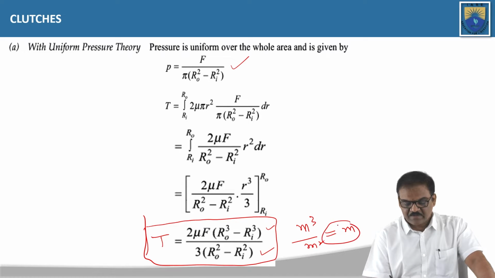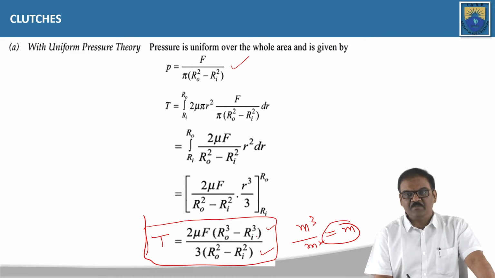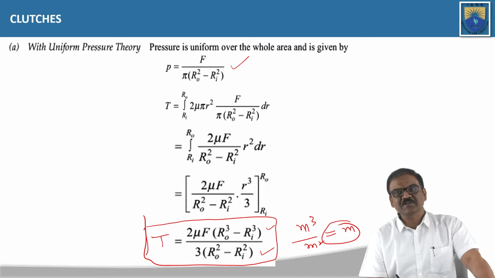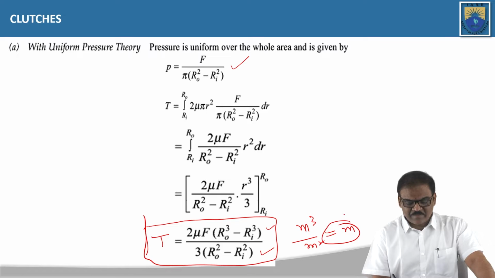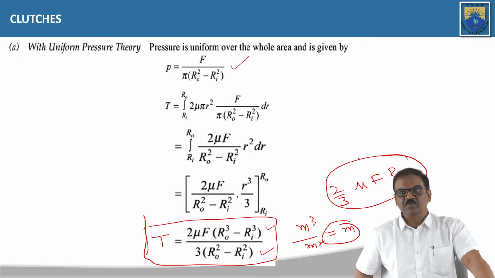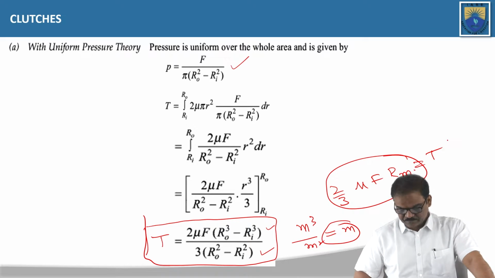Sometimes in the tutorials, instead of giving the internal diameter or outer diameter of the clutch, some questions will give the mean diameter. Therefore, this can be reduced to 2/3 mu F R mean, as per the tutorials, which is equal to the total torque.